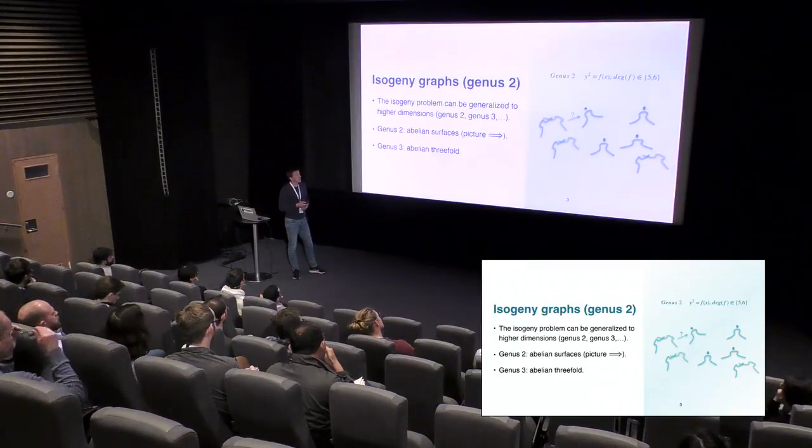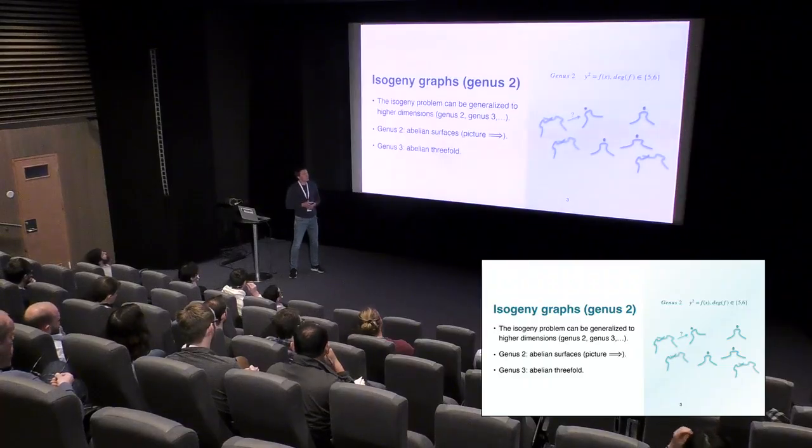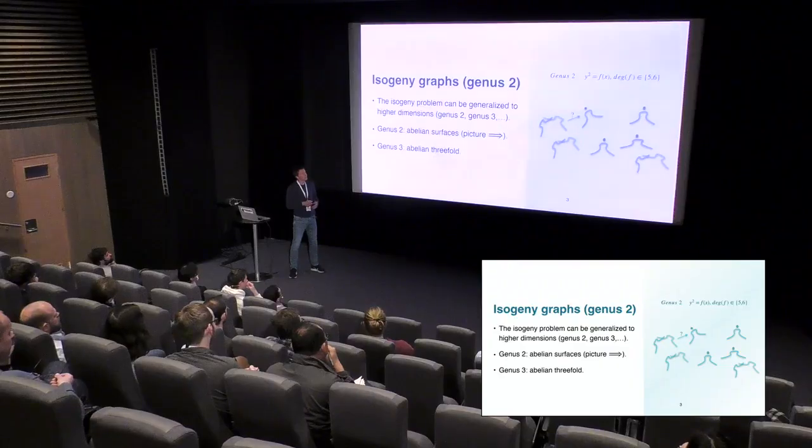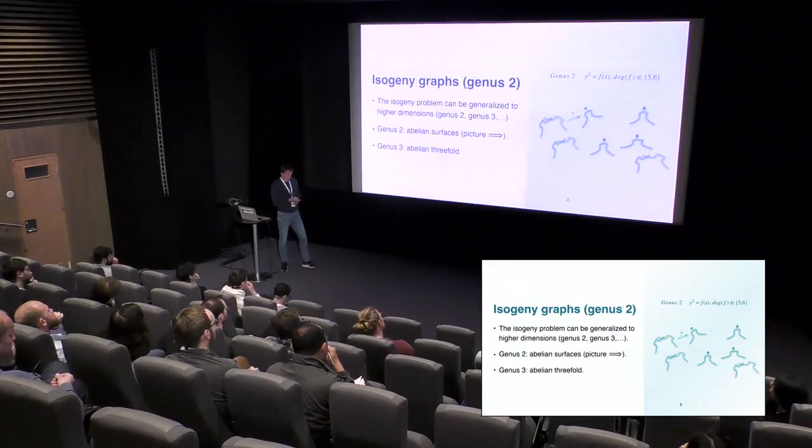Actually, even harder if you go into higher dimensions. As an example of an abelian variety in genus 2, one of such varieties can be given by this kind of equation, which is similar to the elliptic curve equation, but the polynomial here is of degree 5 or 6.